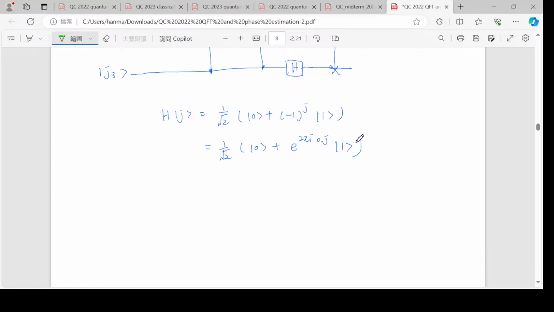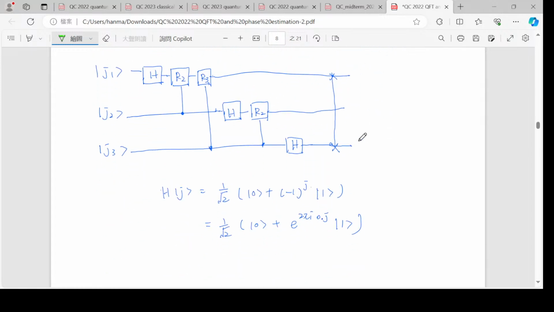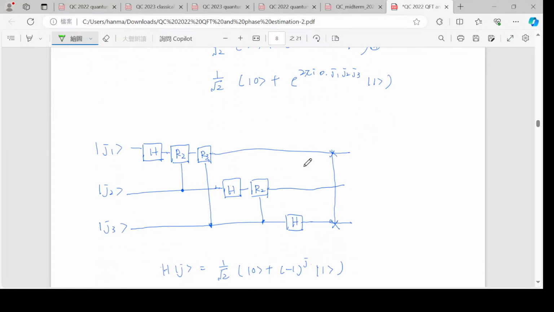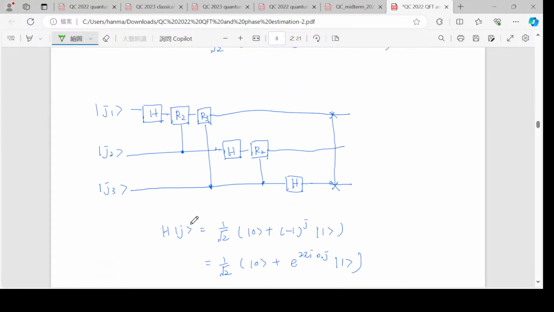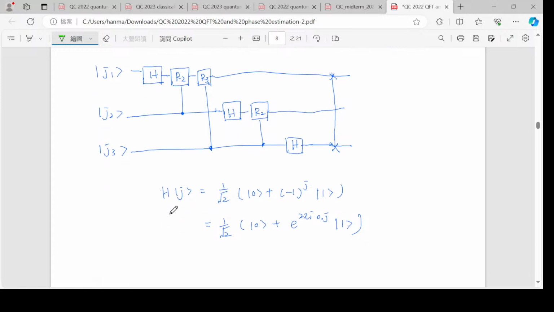Okay, and I guess our verification is not quite complete, but we start by seeing what the Hadamard does on j. Hadamard on j will give you 1 over square root 2 of 0 plus (-1) to the j times 1. Right, this is Hadamard. Because Hadamard always gives 1 over square root 2, and it's 0 plus 1 or 0 minus 1, and it's 0 minus 1 if j equals 1. So it's (-1) to the j here.